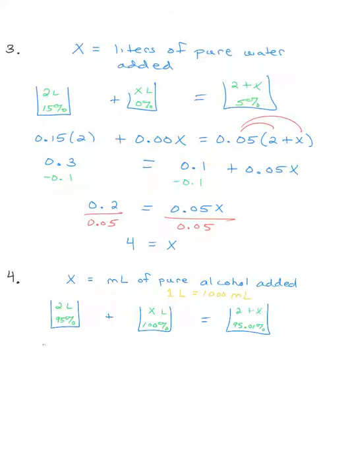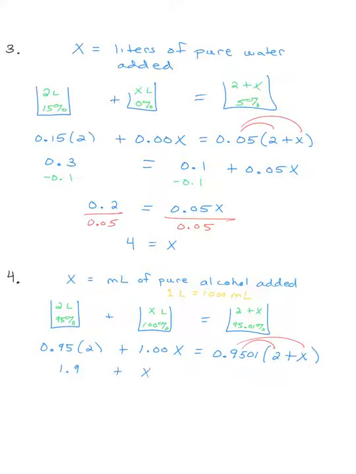So this equation is going to be 0.95 times 2 plus 1.00 times X is equal to 0.9501 times 2 plus X, which means we'll have to distribute this into the parentheses. Simplifying, we have that 0.95 times 2 is 1.9.